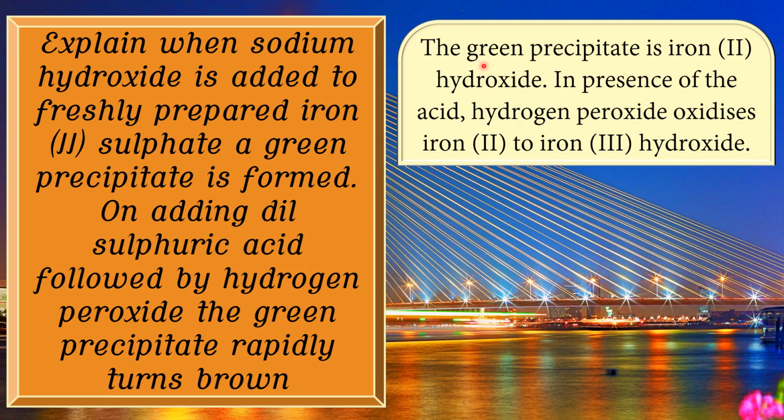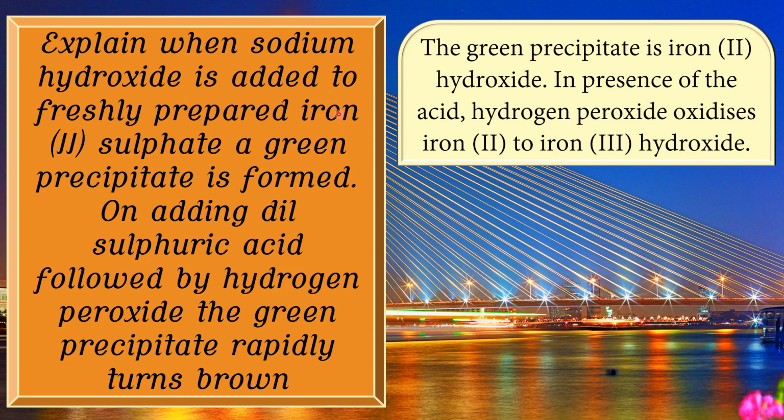Now, the green precipitate which is formed is iron 2 hydroxide. Because remember, we added sodium hydroxide to a freshly prepared iron 2 sulfate, which means that sodium hydroxide is going to provide the hydroxide ions and iron 2 sulfate will provide the iron ions.